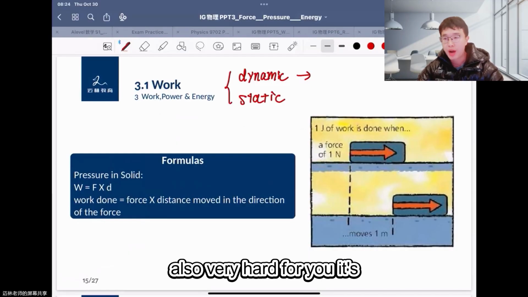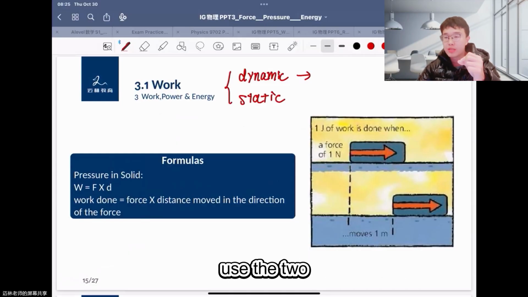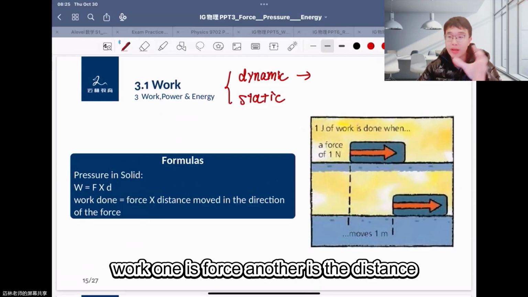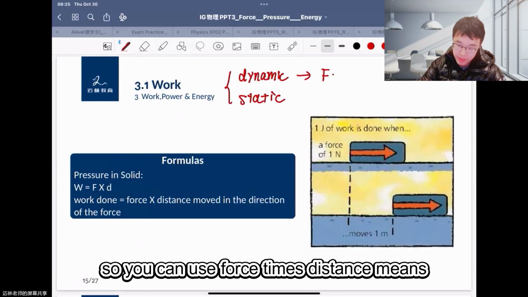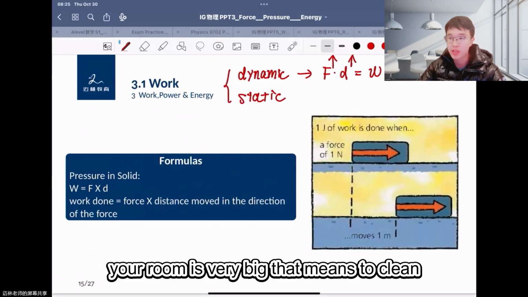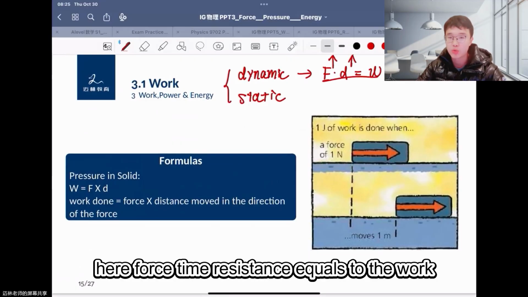So it's also very hard for you. It's a lot of work for you, right? So now we can use two physical quantities to represent work. One is force, another is distance. So you can use force times distance to mean the work. Once you exert more force and once your room is very big, that means cleaning up your room is a very big work. Okay, so here force times distance equals the work.